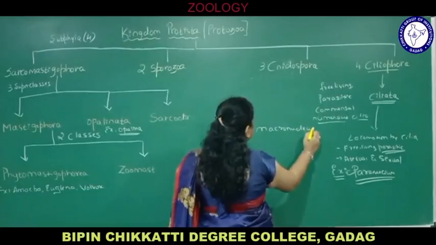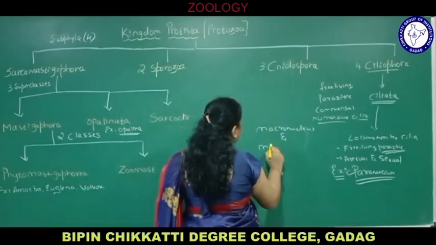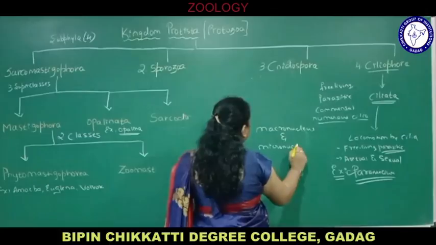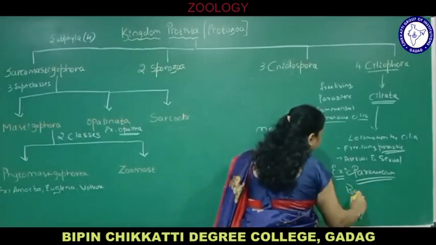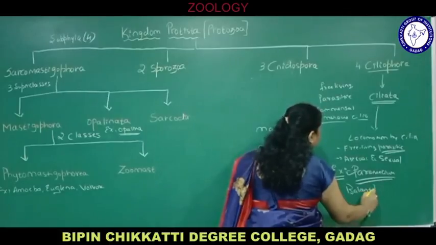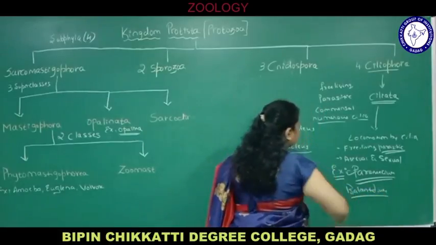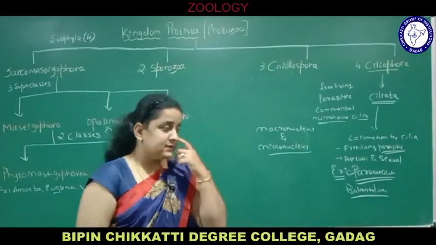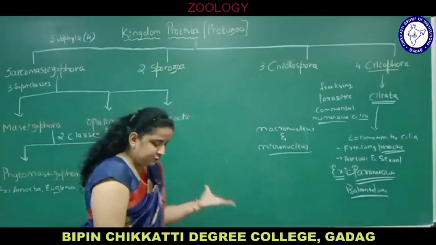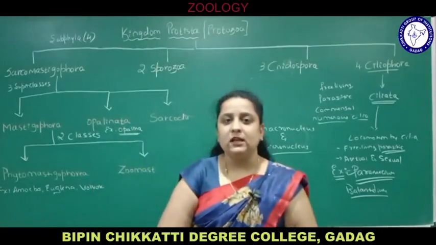Another example is Balantidium. There are many other examples of different orders, but orders are not in your syllabus. So this is the entire classification of phylum Protozoa.